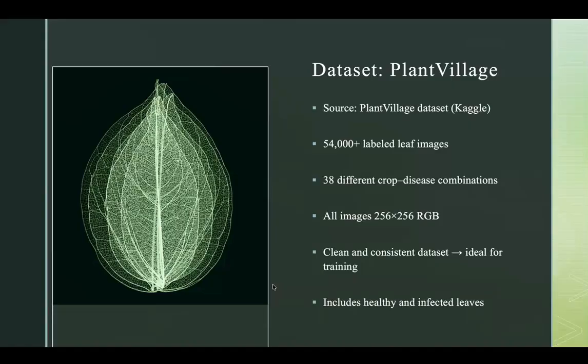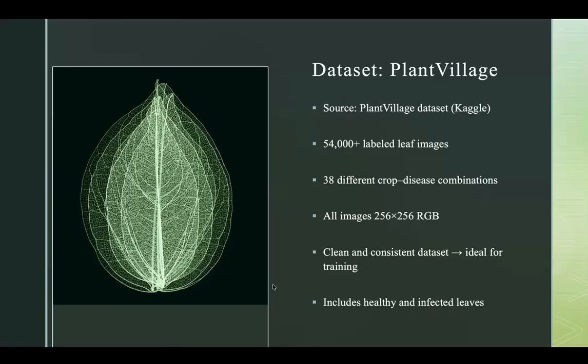Dataset. The PlantVillage dataset was perfect for this project. It contains over 54,000 labeled images across 38 different crop-disease combinations. All images are clean, well centered, and have a resolution of 256 by 256.